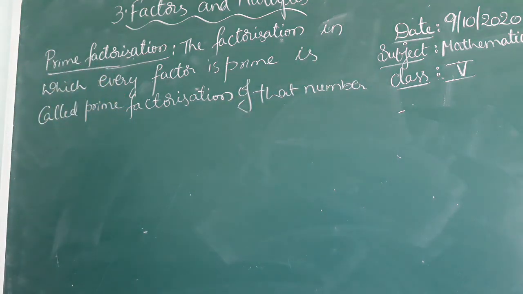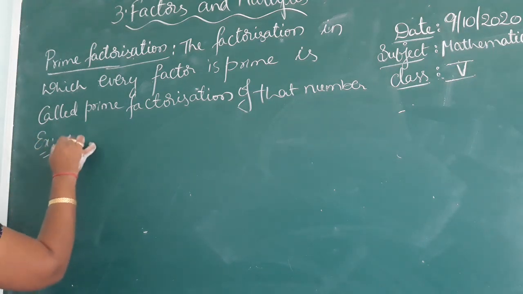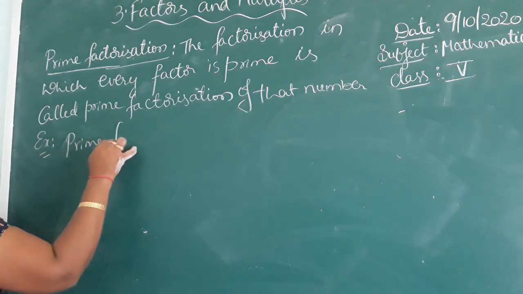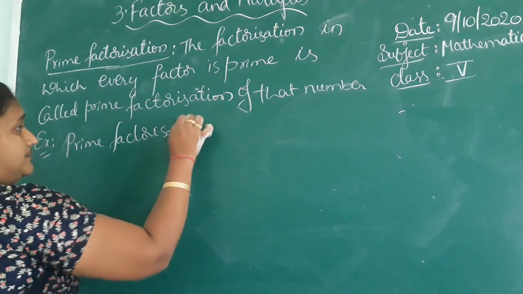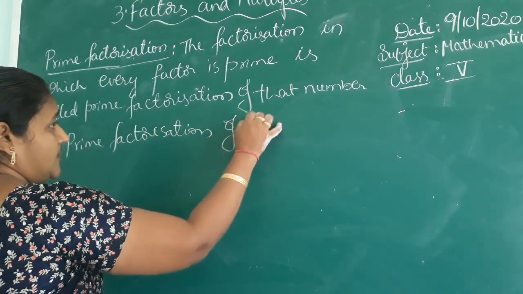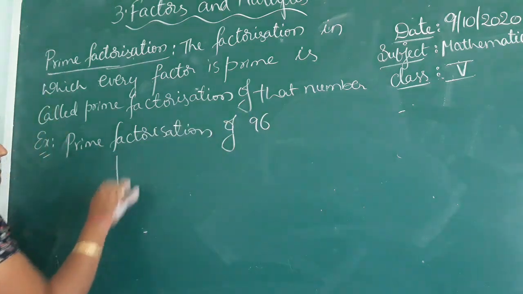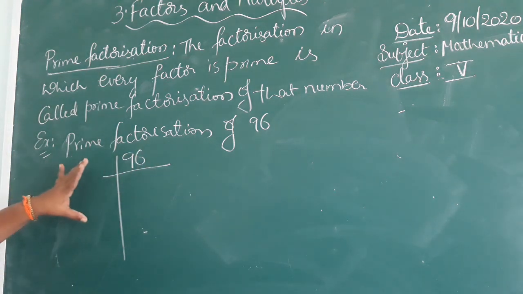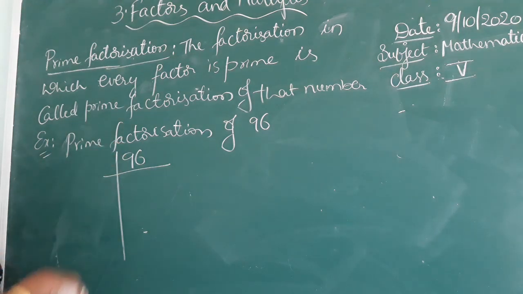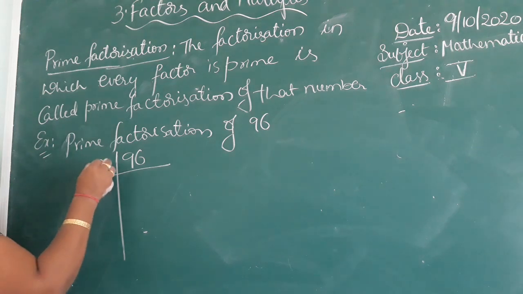Children, see here. For example, the prime factorization of 96. You have to find the factors, and all should be prime.